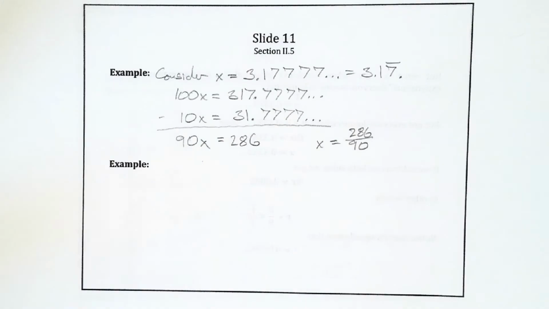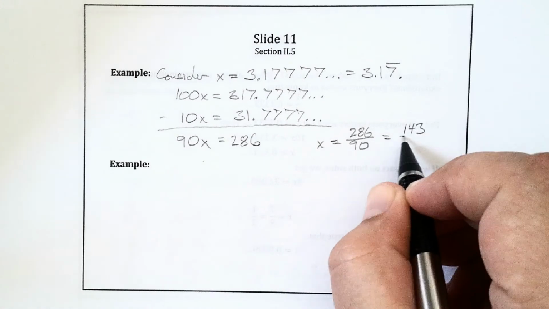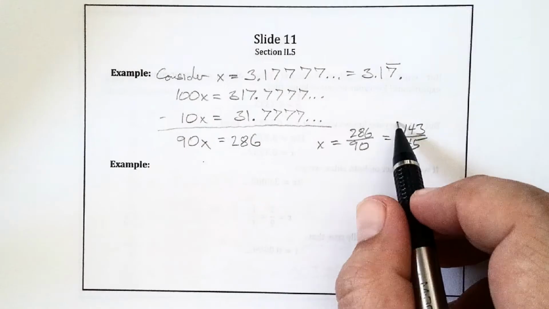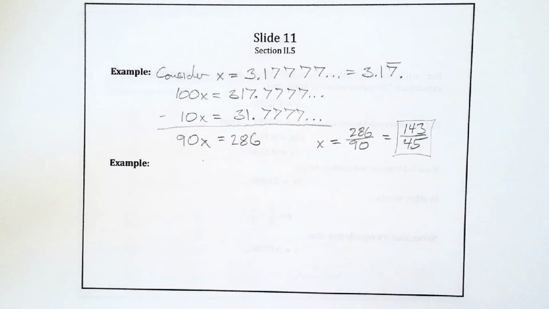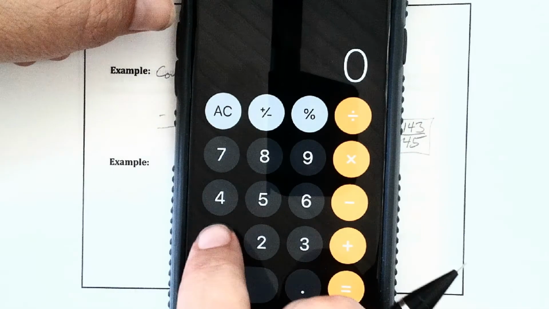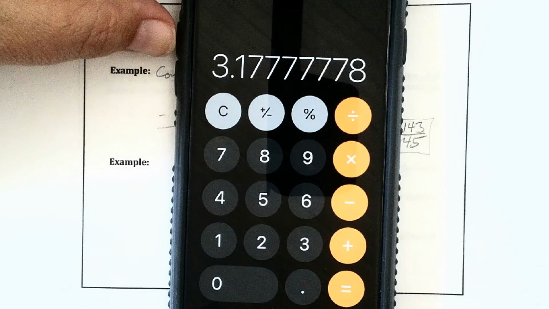Why don't we simplify that? It would be 143 over 45, and that's as far as we can take it. So there's the rational number represented by that decimal expansion. Again, I can check this easily by doing 143 divided by 45, and there it is.